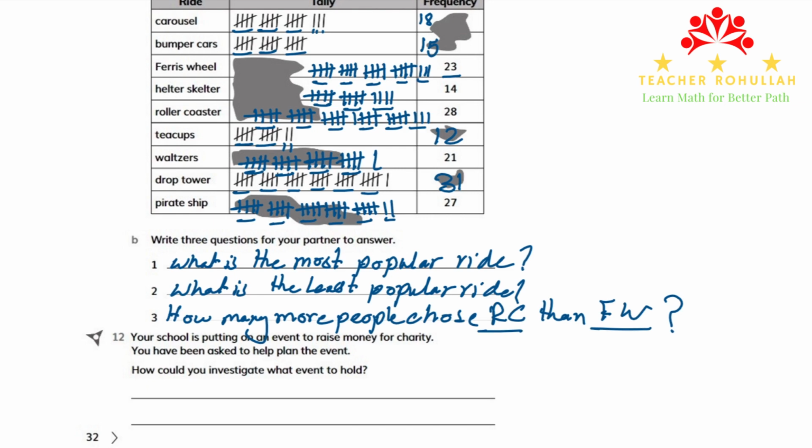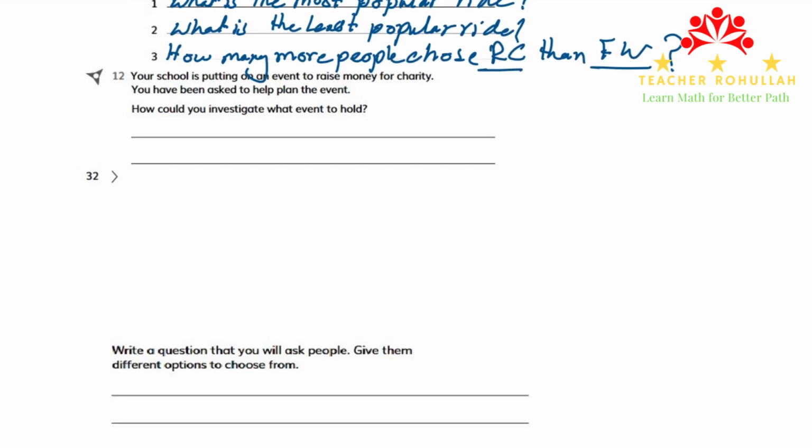Let's now scroll down to move to question number 12. In question number 12, it says, your school is putting on an event to raise money for charity. You have been asked to help plan the event. How could you investigate what event to hold?